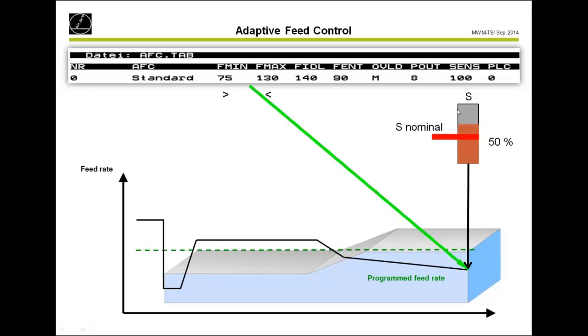Perhaps the tool gets worse, so the cutting situation becomes worse, and so we need to reduce more feed rate to prevent tool breakage, for example. And this is automatically done by AFC. So AFC is just working with the feed rate and always wants to come back to the learned spindle load from the beginning.